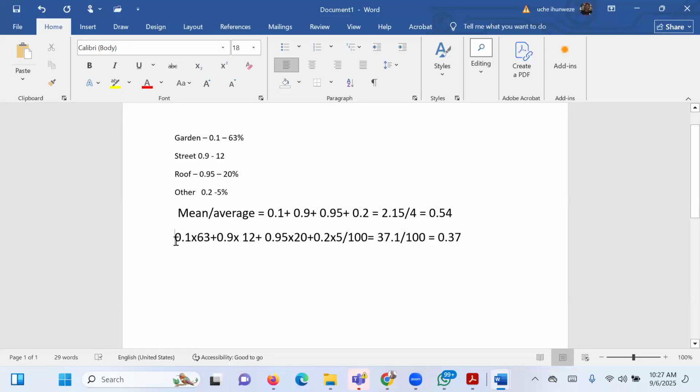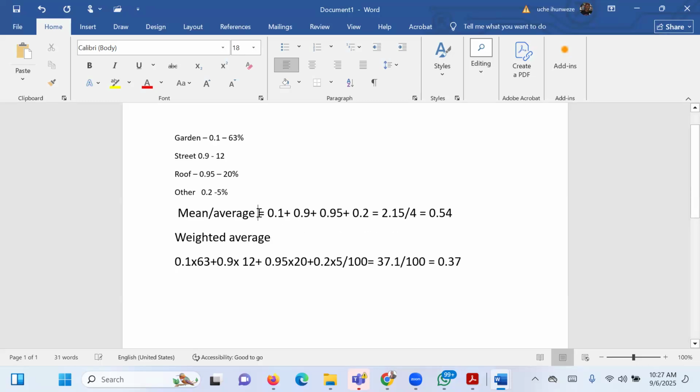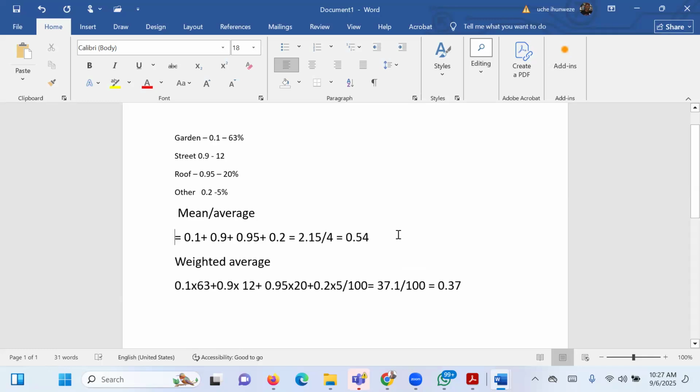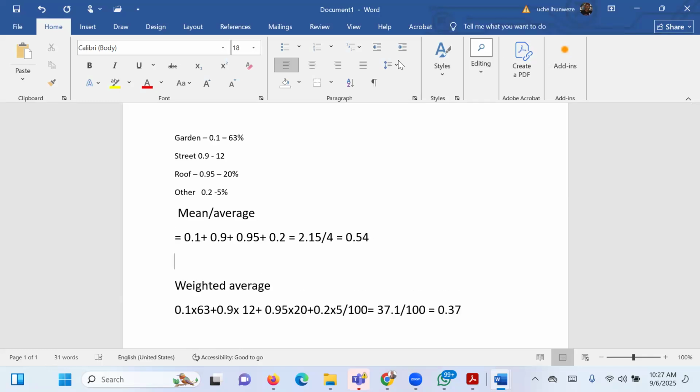Gentlemen, take a look at mean weighted average and normal average. This one is called weighted average. That's just the word, whether you put mean before it or not. This is called weighted average, while the other one is normal mean, normal average. Can you see the difference? So tomorrow, if somebody says, oh, the catchment value here is 0.1, here is 0.9, just take the average. No, it's not accurate. You need to look at the weights. You need to factor the weights attached to each, because it's like you have 100 naira and I have 20 naira.